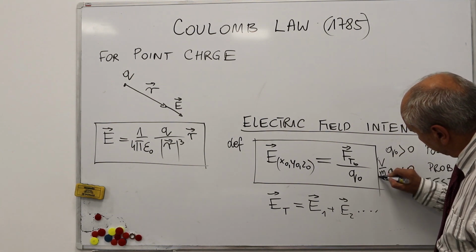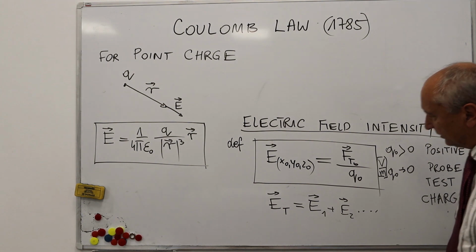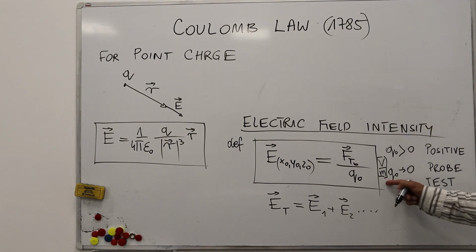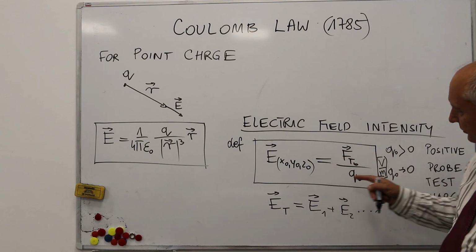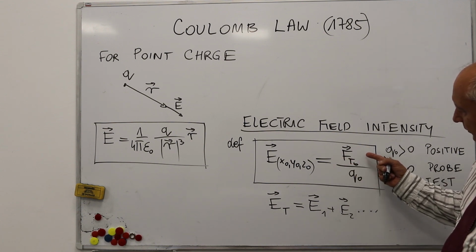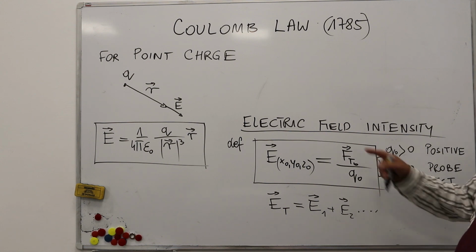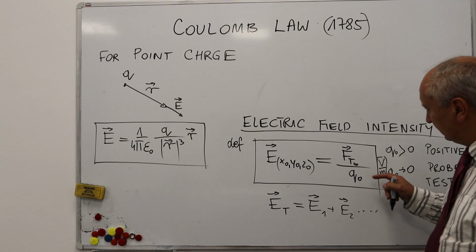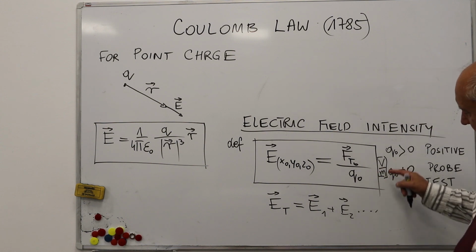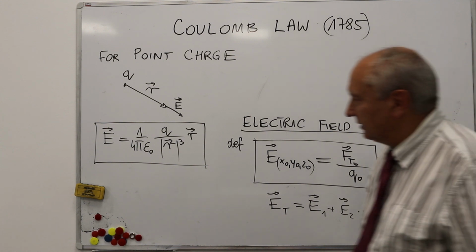The unit of electric field intensity is volt per meter. From this definition we see that it should be Newton per Coulomb. But after changing we find that this is volt per meter.